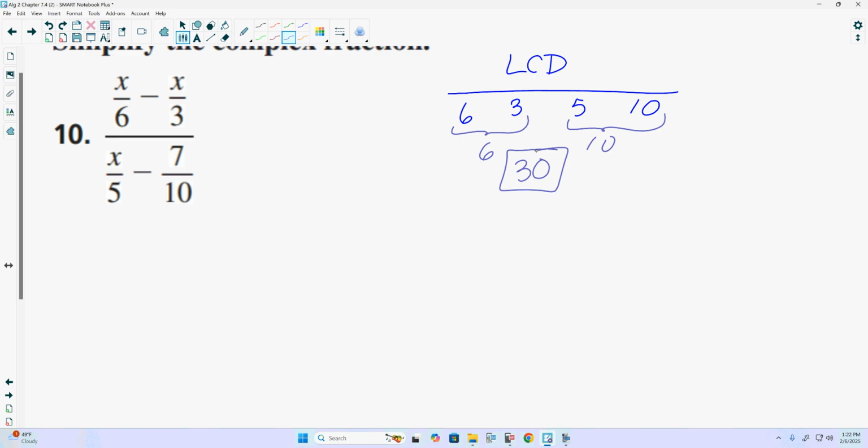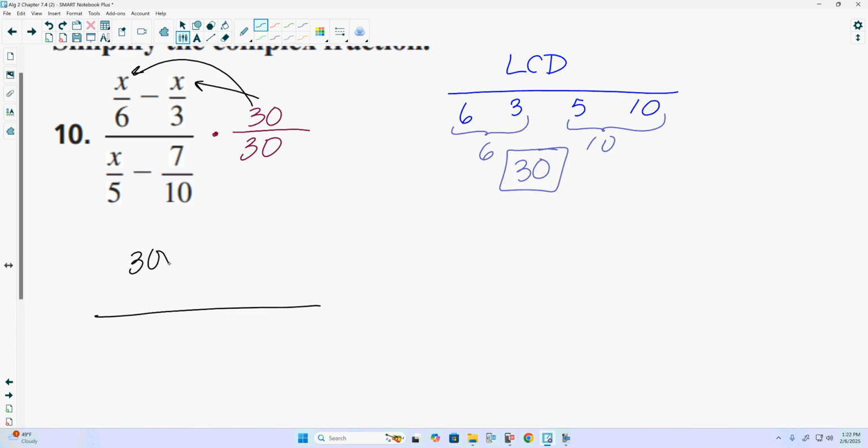So what we're going to do is multiply the top of this fraction by 30 and the bottom of the fraction by 30. And if we do this multiplication here, again, we're multiplying with the tops of the fraction. Our 30 times x is going to be 30x over 6.